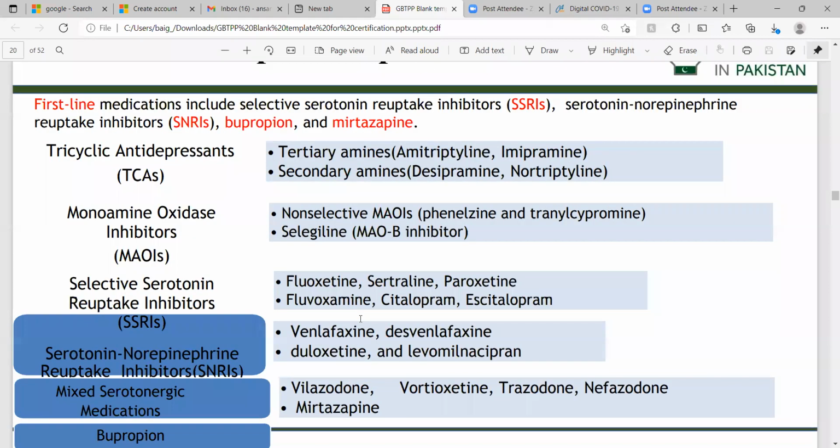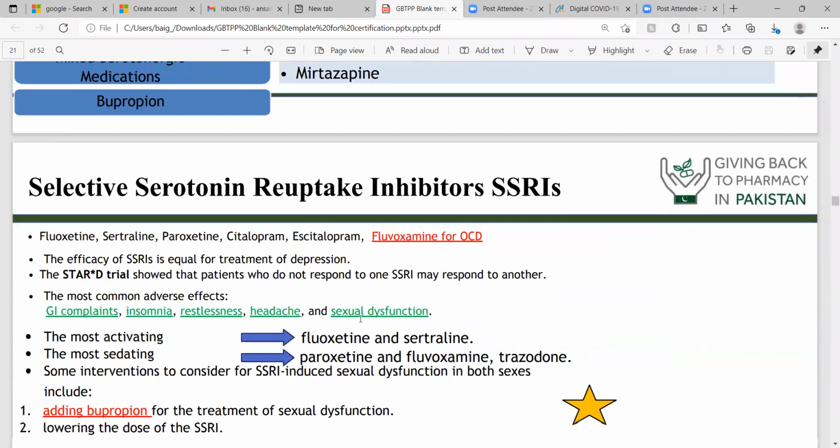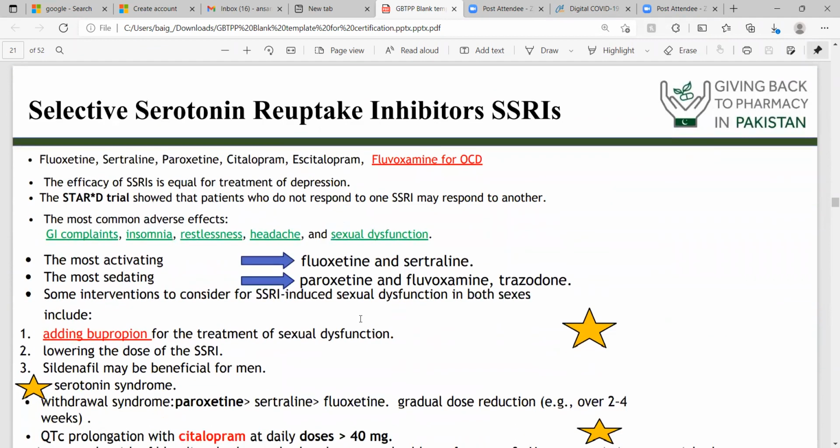Monoamine oxidase inhibitors are also available, but we do not see them in practice very commonly. So the first treatment is SSRI. In SSRIs, we have agents available like fluoxetine, sertraline, paroxetine, citalopram, and escitalopram. And fluvoxamine is mainly reserved for OCD.